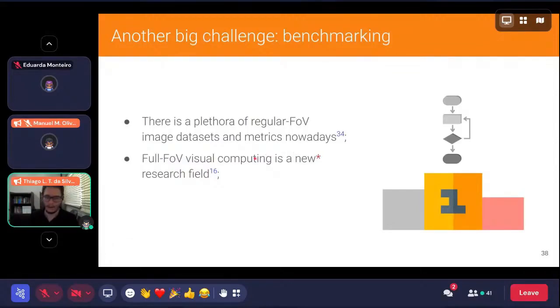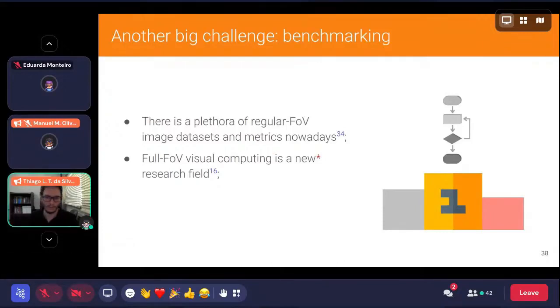So we have a very new area, and we don't have any textbook, for example. We don't have big data sets. We don't have sufficient annotation for many tasks, and it is still a challenge to get data for training a deep learning model, and also it's a challenge when we are comparing methods.